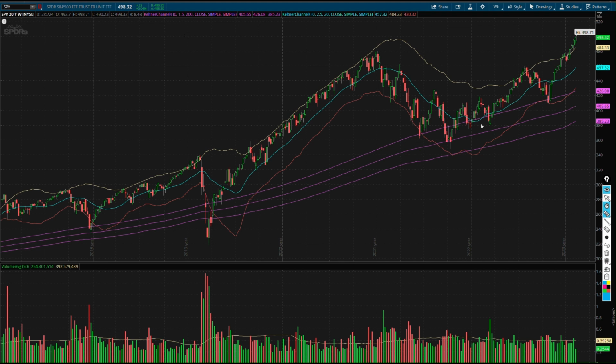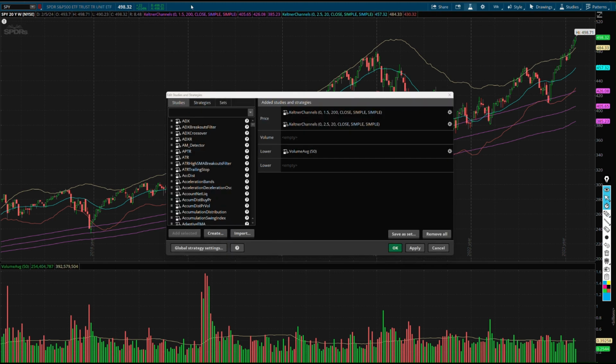Okay, let's look at how to identify the bottom of the market. So just want to make sure what we are using. This is a 2.5 factor, 20 weekly SMA, and for the bottom we have the 200 SMA with 1.5 factor Keltner channels. Only one indicator repeated twice.